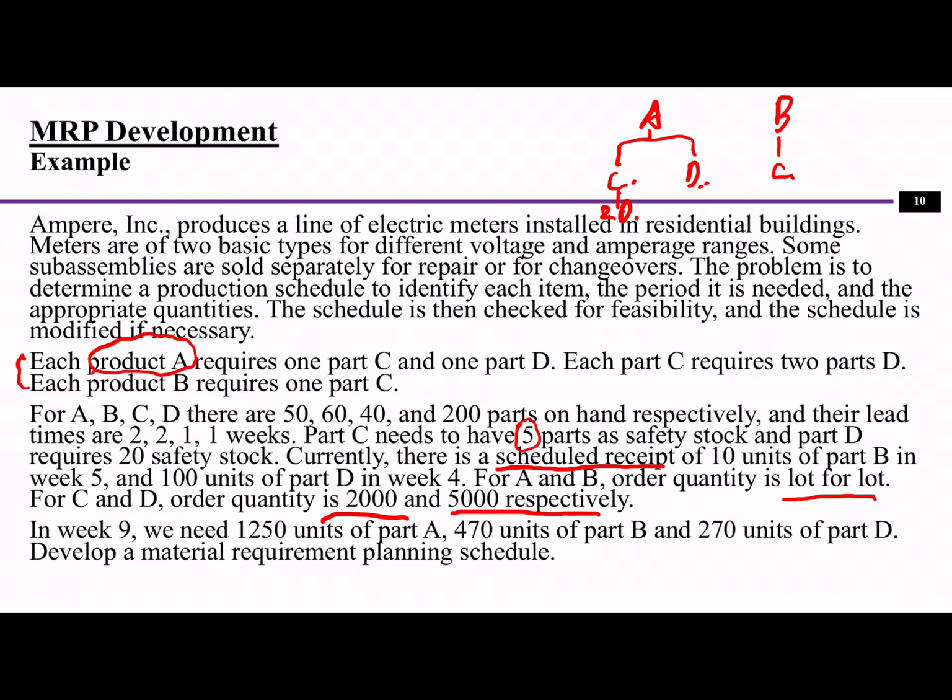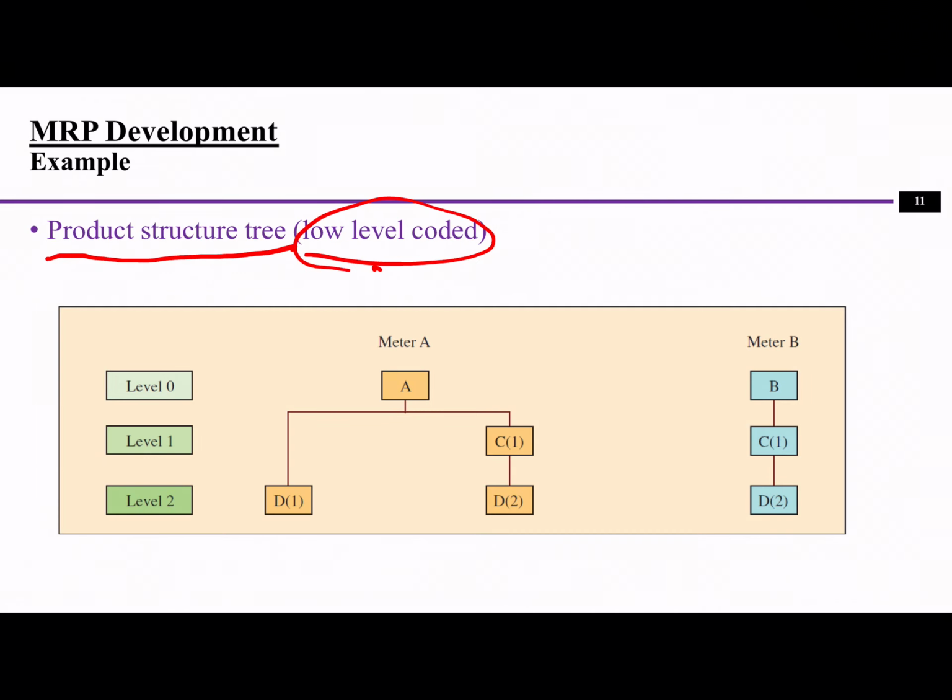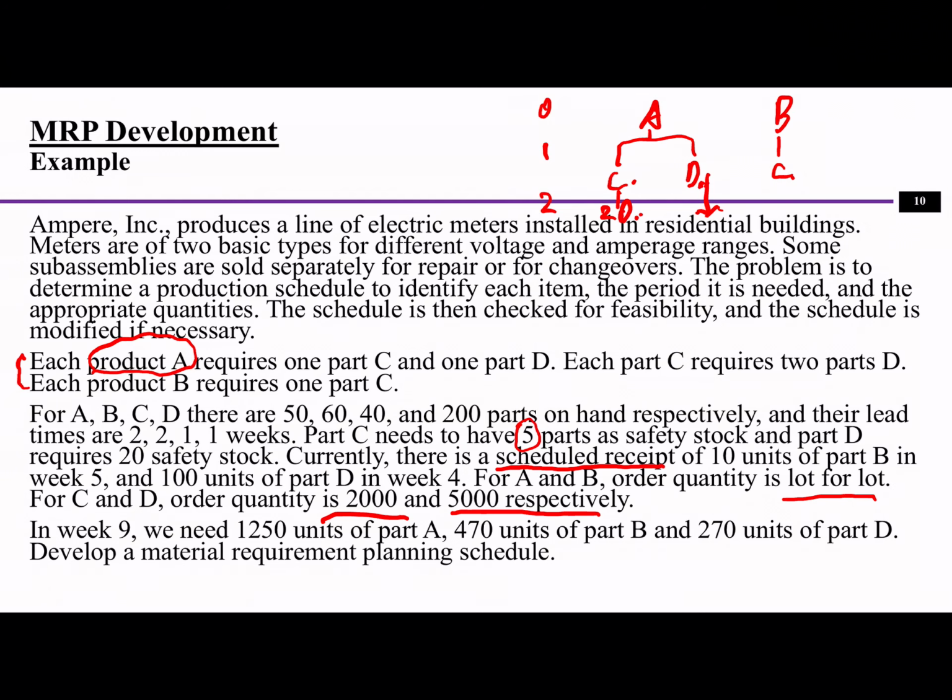This D is at level 1 and this D is at level 2. To convert it into a low-level coded tree, we need to move this D down to level 2. That's why we got this product tree. Same here: B is composed of one C, and each C is composed of 2 Ds. This is what I'm talking about. Remember here, right?